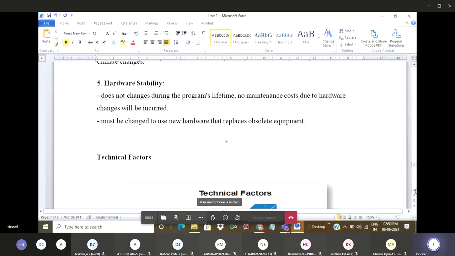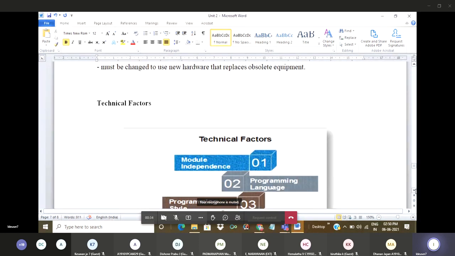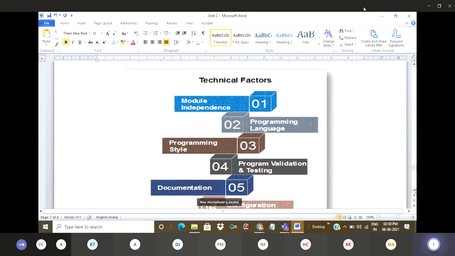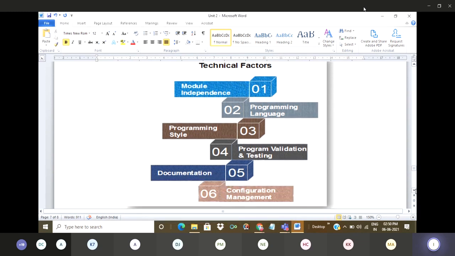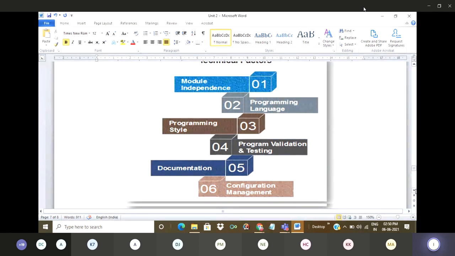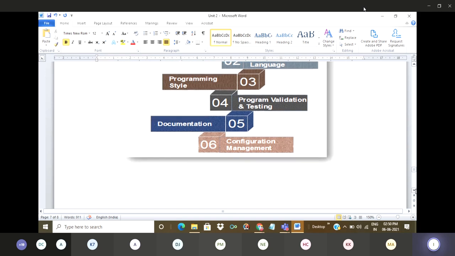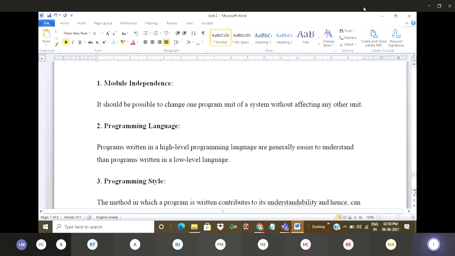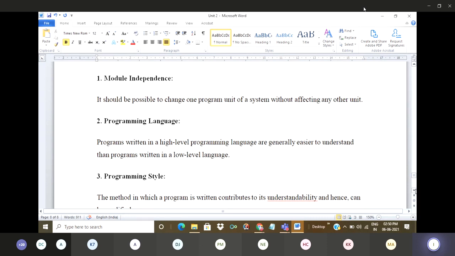So next we come to technical factors. We have module independence, programming language, programming style, program validation and testing, documentation, and configuration management. So module independence is where it is possible to change one program unit of a system without affecting other units.